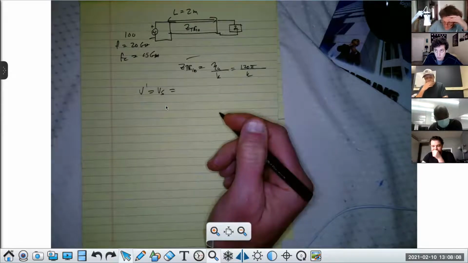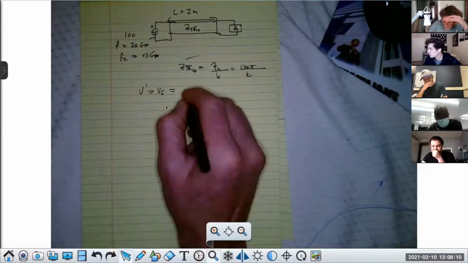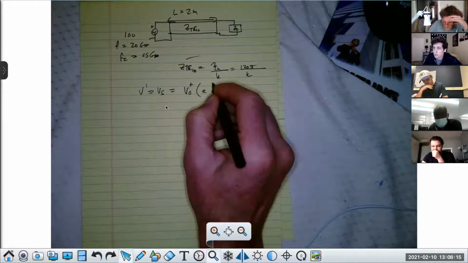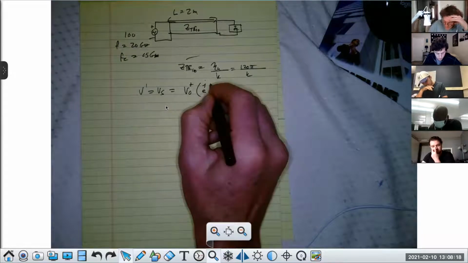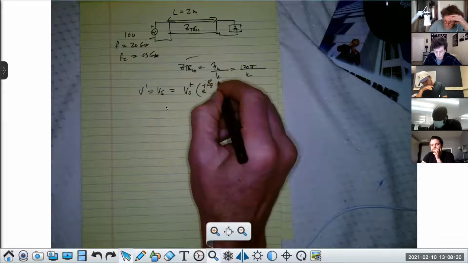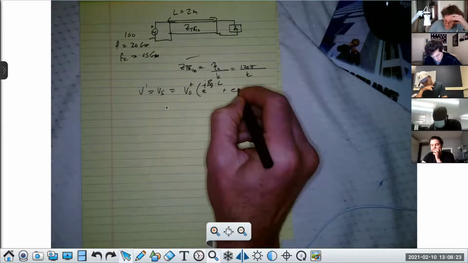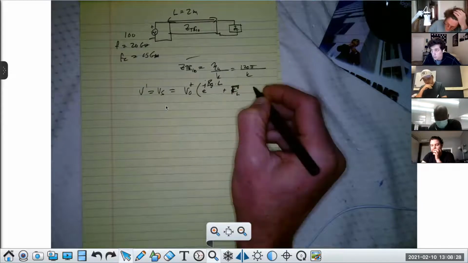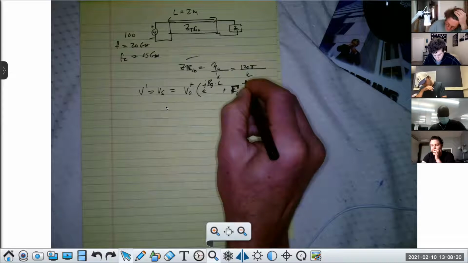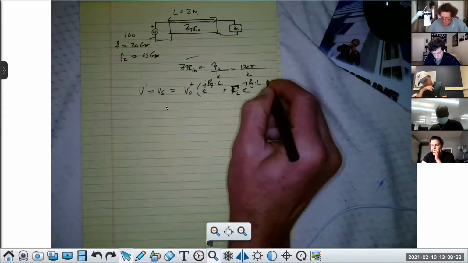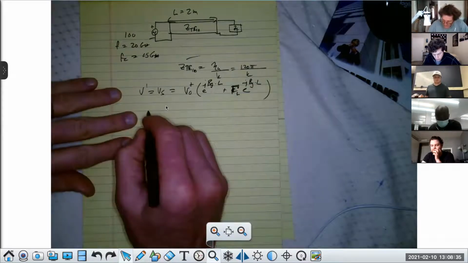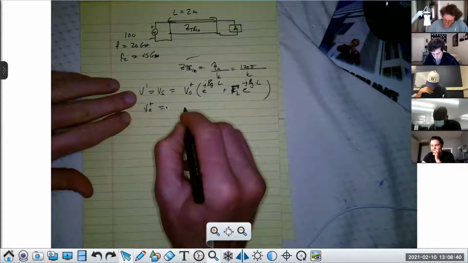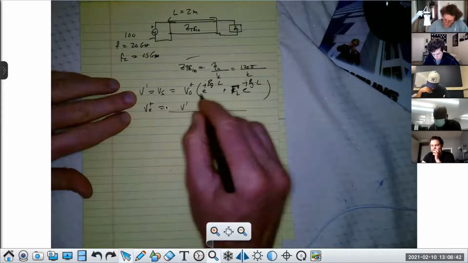And that means this value here is going to be V0 plus times e to the j beta guide times L, plus really gamma, the reflection coefficient, my bad, times e to the minus j beta guide times L. Now what I need to do is find V0 plus, pardon me. And that's going to be V prime over this mess.